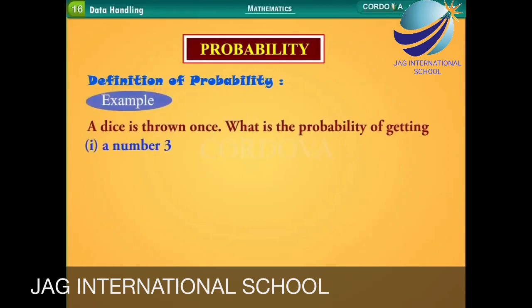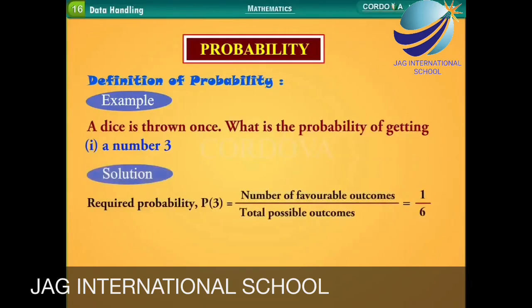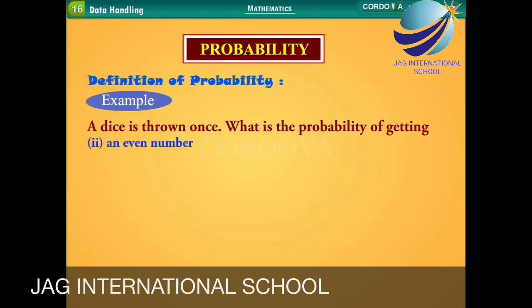Example: a dice is thrown once. What is the probability of getting a number 3? Solution: required probability P(3) is equal to number of favorable outcomes upon total possible outcomes, which is equal to 1 upon 6. An even number.